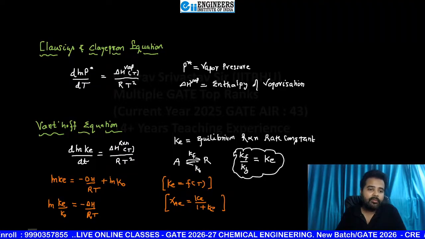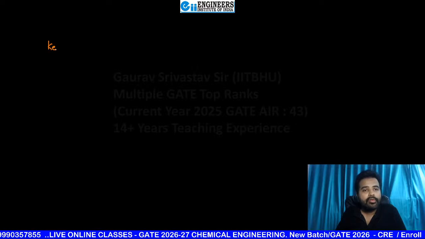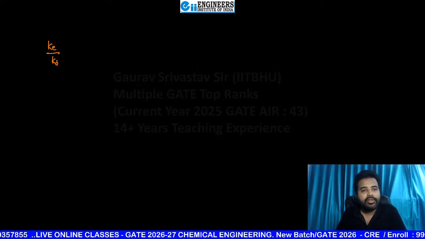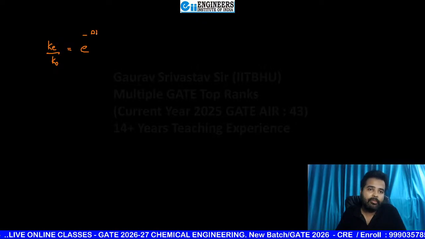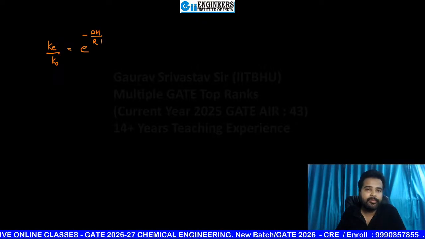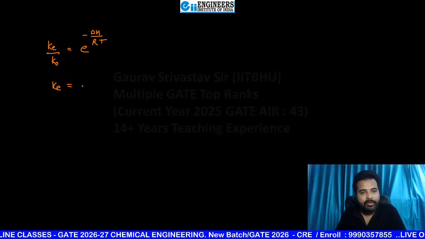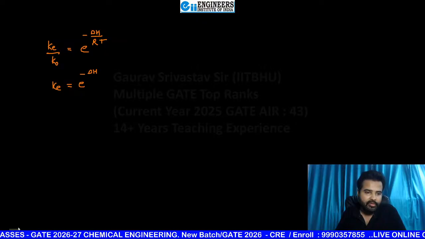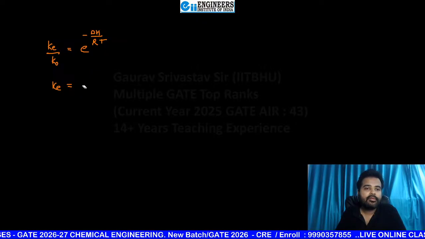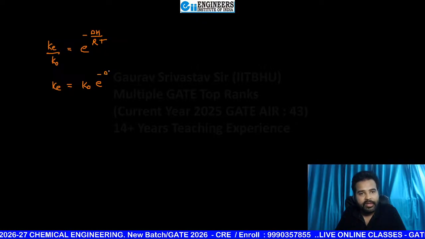Further solving, you can write K upon K naught equals e raised to power minus delta H by RT. Or K equals K naught e raised to power minus delta H by RT.